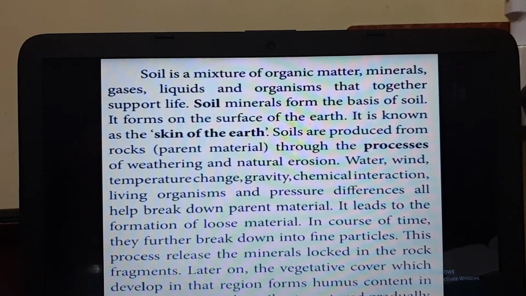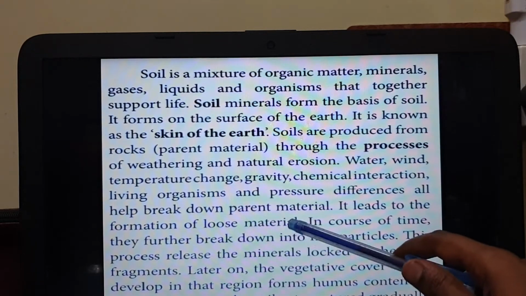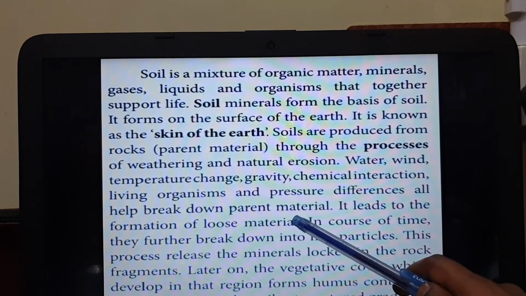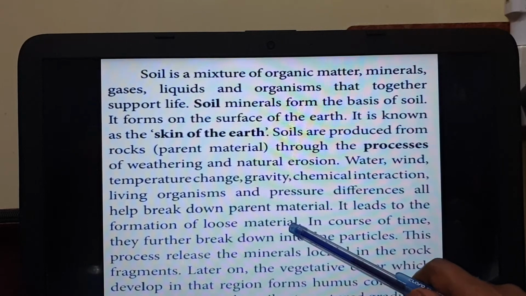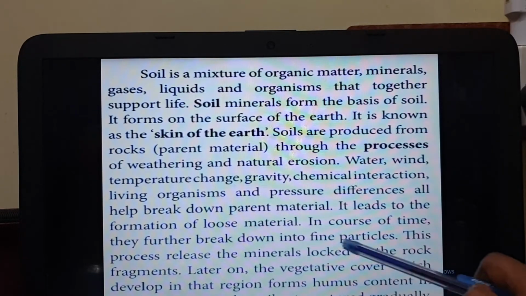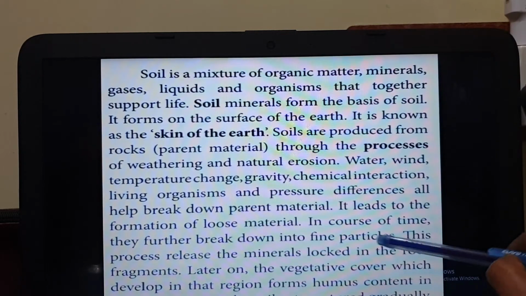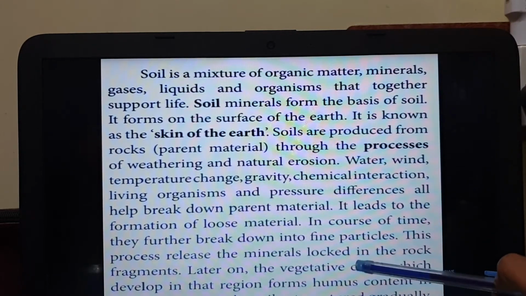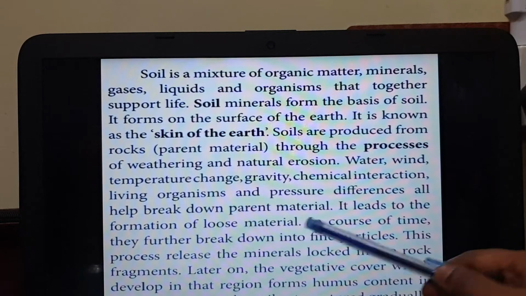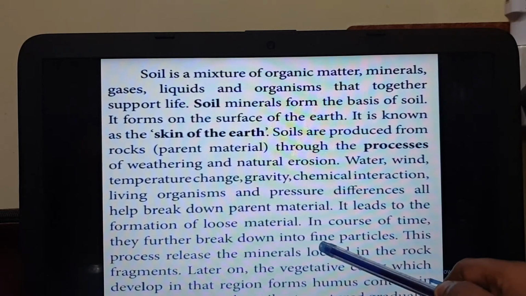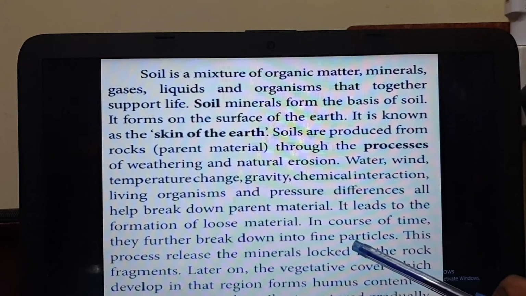It leads to the formation of loose material. Once it breaks down, it leads to the formation of what? Loose material. In course of time, they further break down into fine particles. It may take months, it may take many years also, and it breaks down into fine particles.